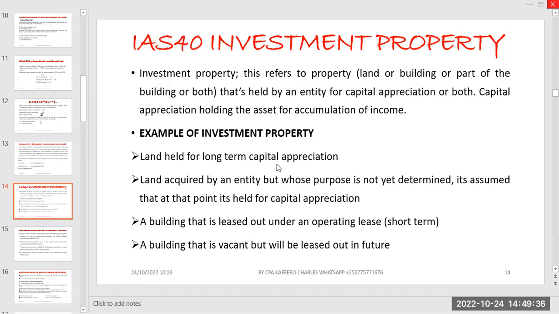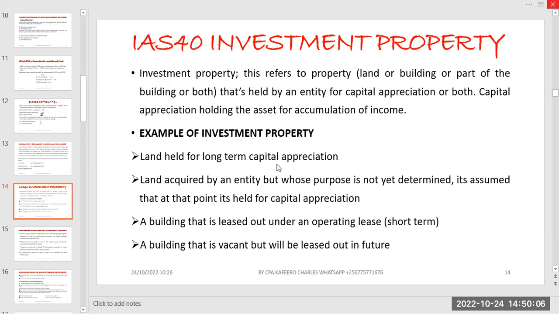You may be using the asset to earn rental and at the same time for capital appreciation. The distinction is only on the purpose of the asset. Investment property is used mainly for earning rental income and capital appreciation. The other one is for administrative purposes and production, for earning revenue for the organization. So that's basically how we can differentiate the two.